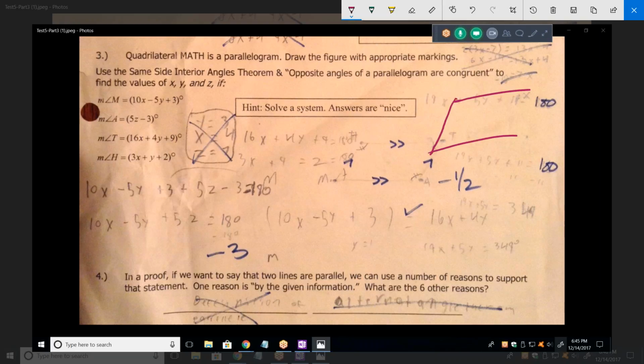Both opposite sides are parallel. It's usually not 90 degrees. Some parallelograms can be rectangles or squares, but most parallelograms, when they're asking you problems about parallelograms, look like this. And this is MATH.